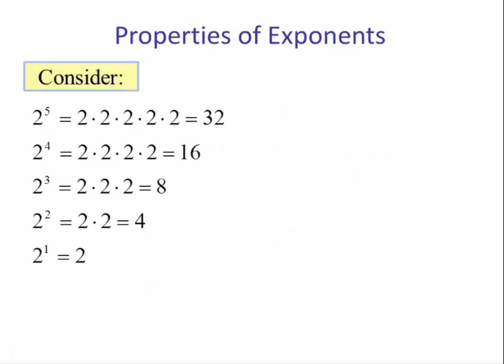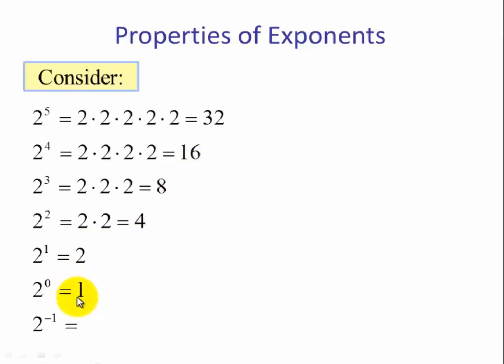So let's look at it using our powers of 2. So we know that 2 to the 0 power is 1. The question is what is 2 to the negative 1? Well, if we think about the pattern, we half, we half, we half.